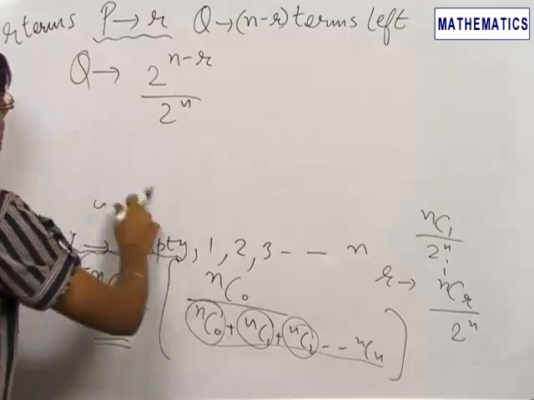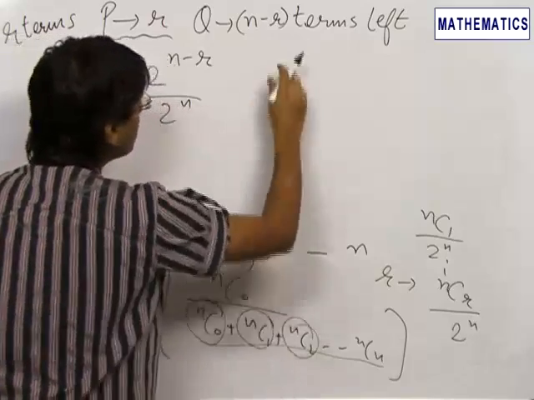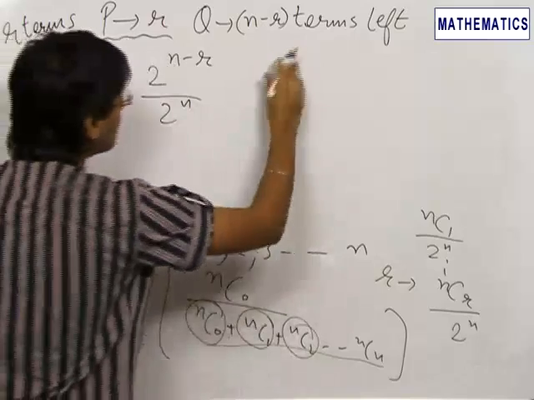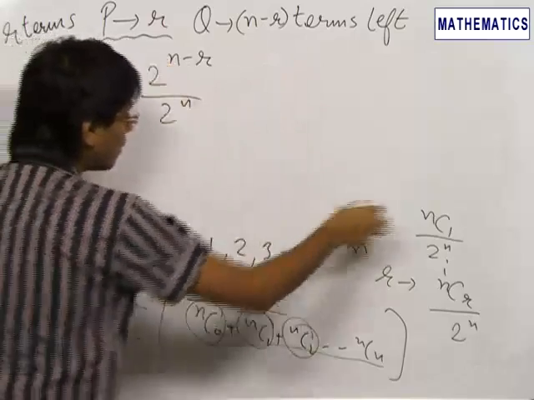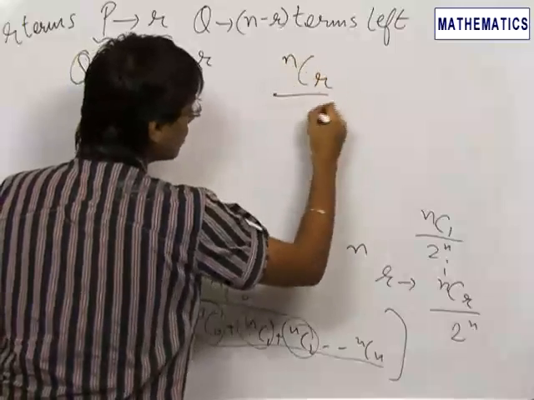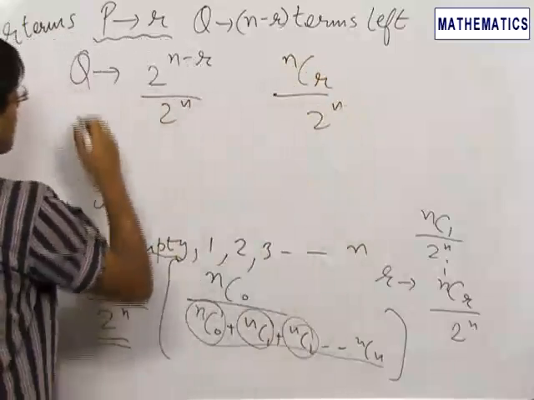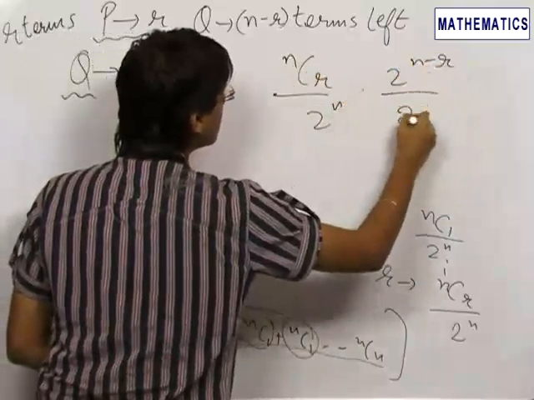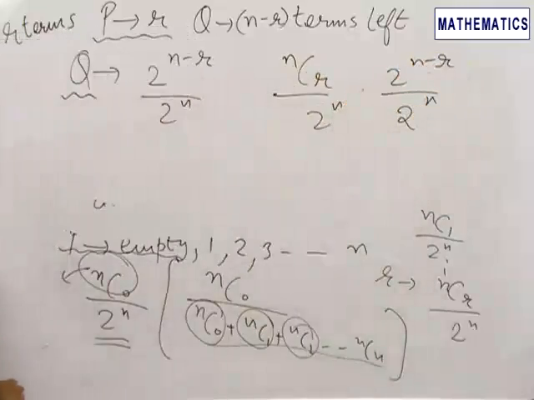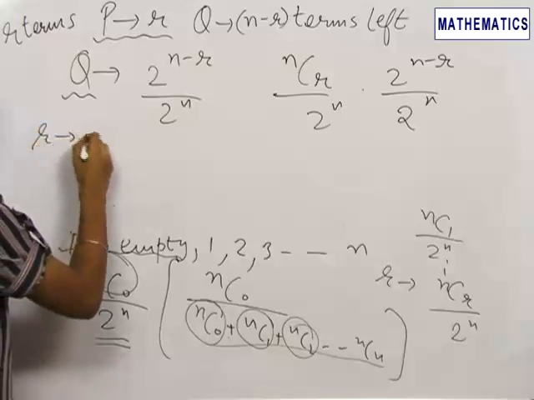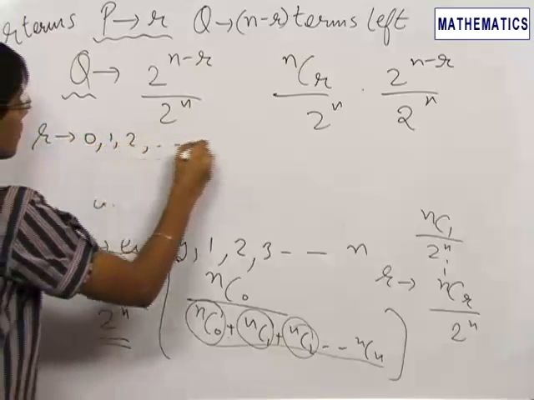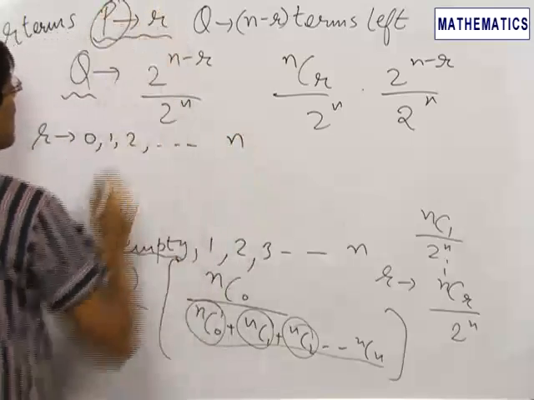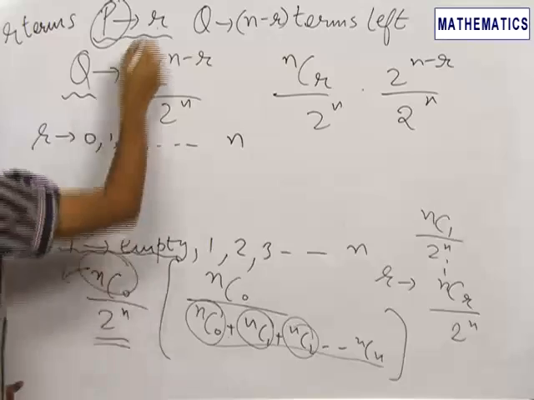This is the general term for the probability of P and Q to not have a common term, that is the probability of selecting P, which was nCr upon 2 power n, into the probability of selecting Q, which is 2 power n minus r upon 2 power n. Now this r can vary from 0, 1, 2 up till n, because the set P can be either an empty set having no element, that is r is equal to 0.